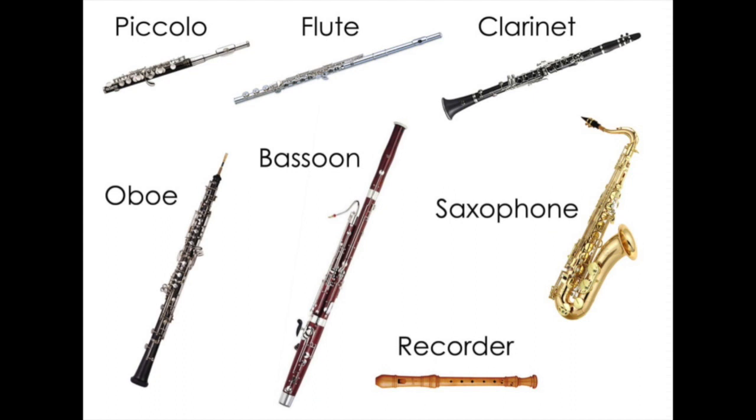Let's look at the woodwind family. This one's an interesting one because there are a lot of similarities and a lot of things that make the instruments different from each other. What can you see that is a common trait among all the instruments in the woodwind family?